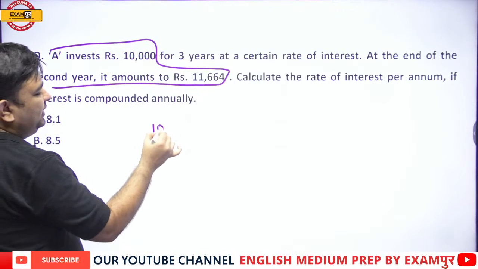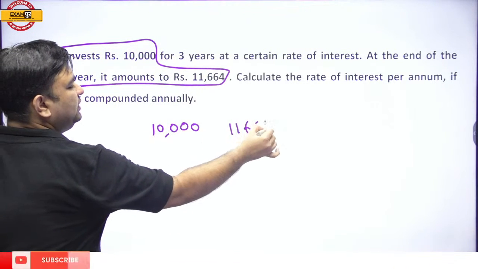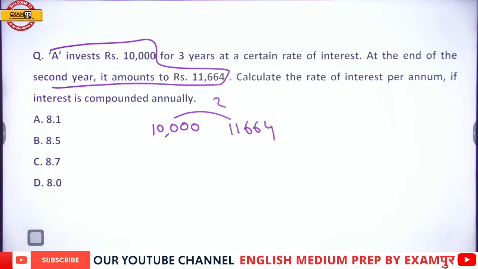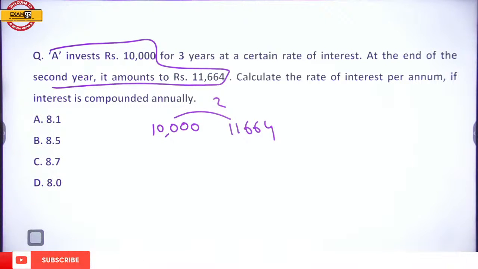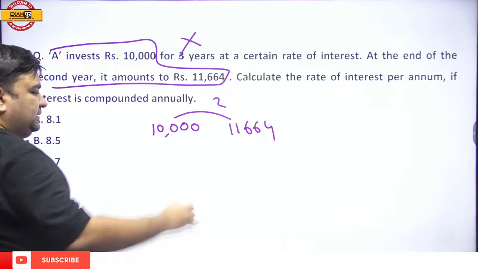So 10,000 becomes 11664 in 2 years. There is no use of this 3 years.